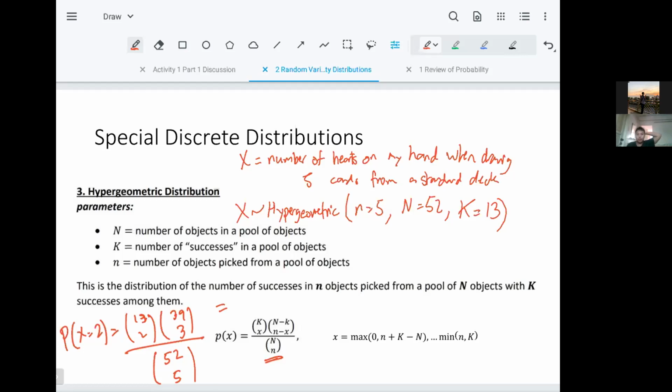Hindi yan malaki. Marami lang digits. Naka times 10 to the negative something. 0 to 1 lang dapat yan. Tapos tama yan, sure. Walang mali sa formula natin. Check yung mga parentheses ha. 0.27 ba? Sige, hintayin natin yung iba. Parang medyo malaki nga siya, pero malay mo naman, tama.